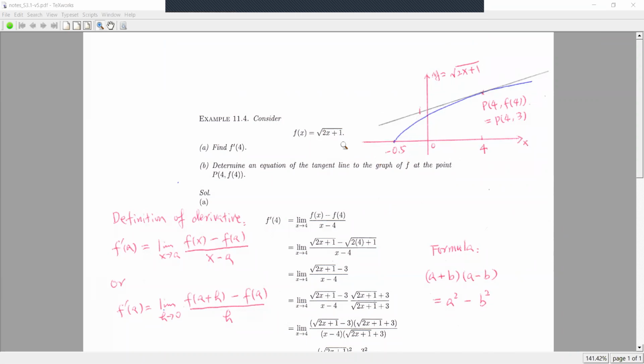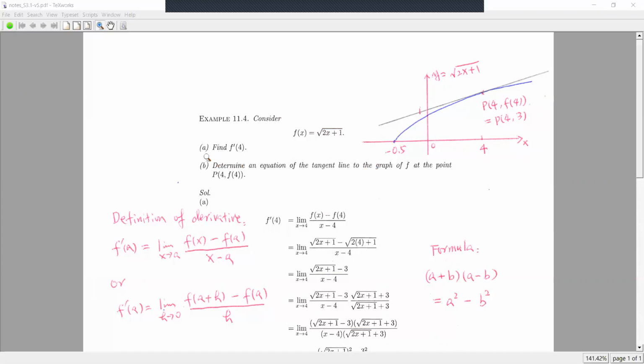For the numbers that are less than negative 0.5, this function is not computable. So from negative infinity to negative 0.5, this function has no graph there.